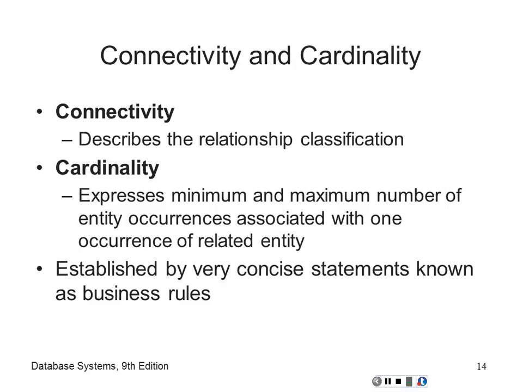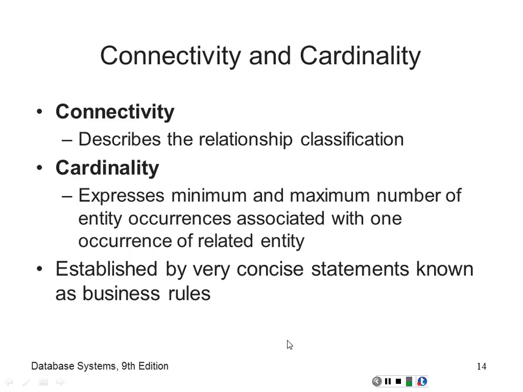So as you can see here, it expresses the minimum and the maximum number of entity occurrences, or the rows, that are associated with each row in the cardinality. So that gives you a very concise way of describing your business rules.